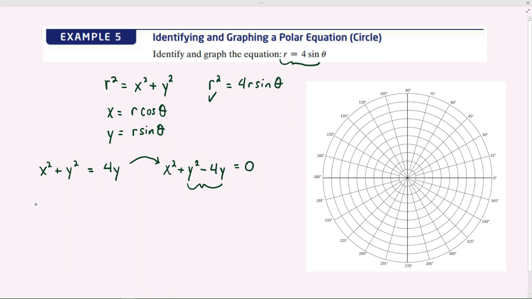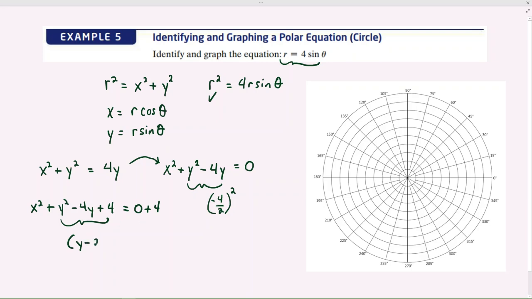So come over here, we're going to have x squared plus y squared minus 4y, and then I have to take, remember, negative 4 over 2 squared to create a perfect square out of this. So I'm going to add, that would be negative 2 squared, which would be positive 4. So I'm going to add 4 to both sides. And now I've got a perfect square of y plus negative 4 over 2.